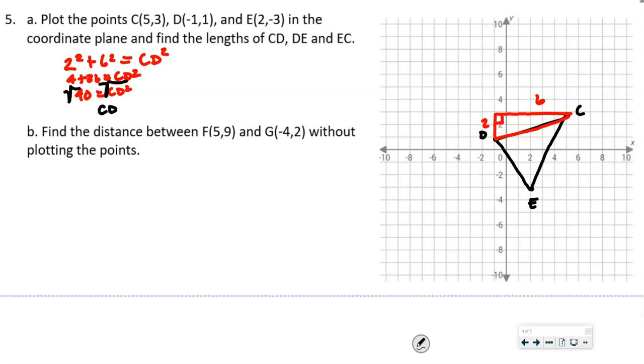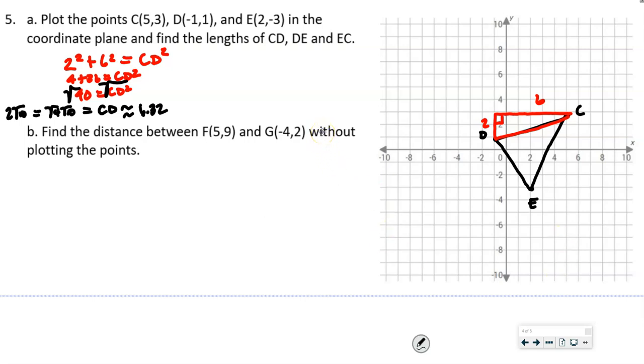So CD, if we were to write it in simplest radical form, would be the square root of 4 times the square root of 10, which is 2 square root of 10. And if we were to compute that, that would be approximately 6.32. Okay?